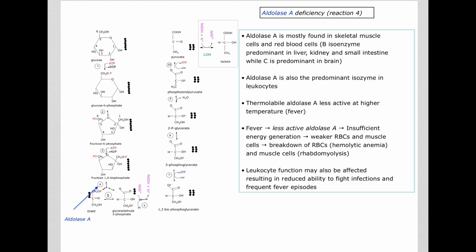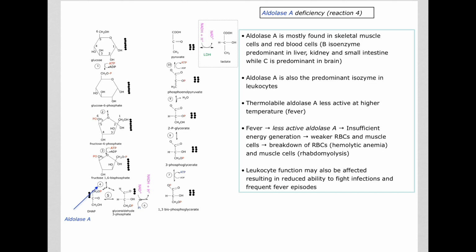So in this disease, aldolase A deficiency, the aldolase A that is made in the cells is very sensitive to higher temperatures, for example, during a fever. And at higher temperatures, the enzyme is not very active. The catalytic function of the enzyme dramatically decreases.